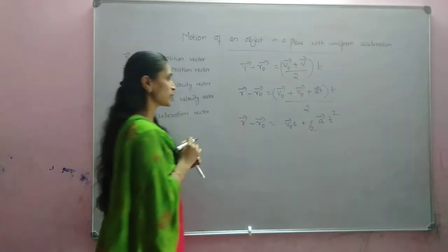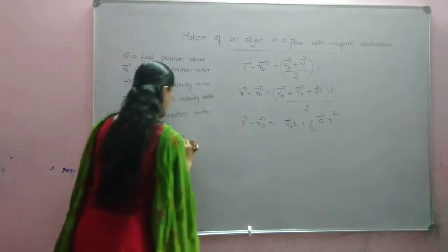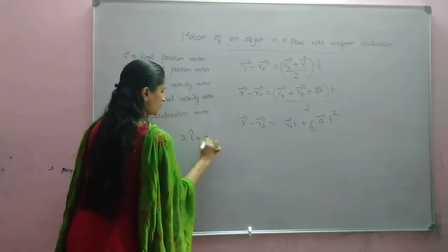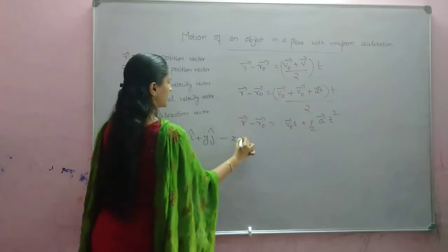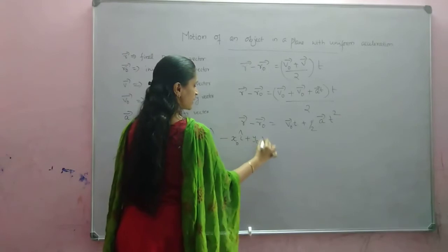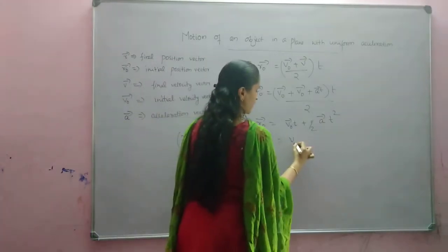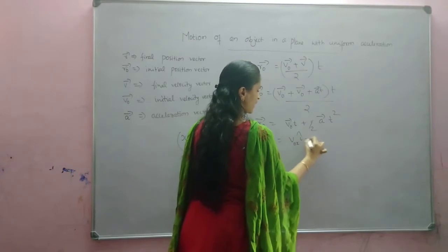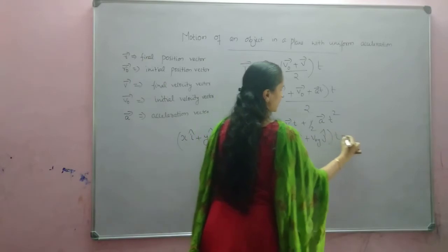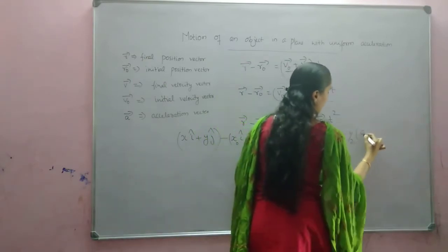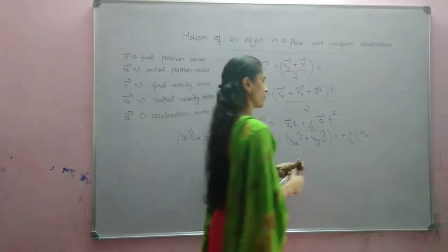How to write in component form? r can be written as xi plus yj. Again here we can write it as x0 i plus y0 j equal to, here we can write v0x i plus v0y j into t plus half ax i plus ay j into t square. All those we are representing in components, whichever vectors are there. Okay.